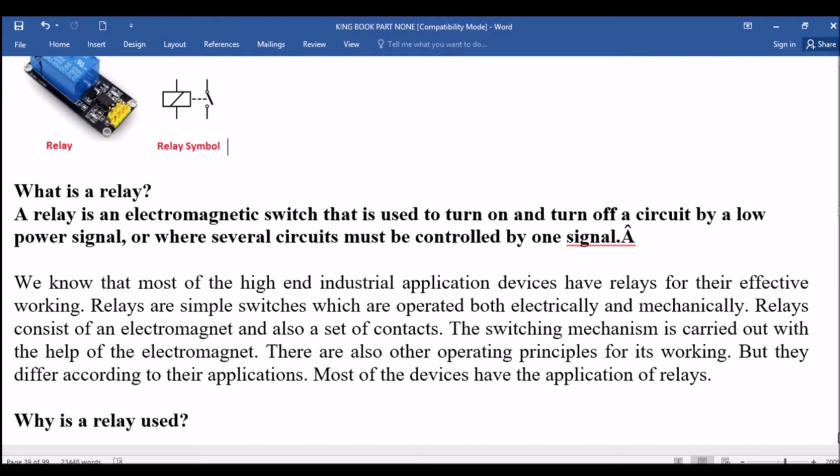The switching mechanism is carried out with the help of the electromagnet. There are also other operating principles for its working, but they differ according to their applications. Most devices have an application of a relay.